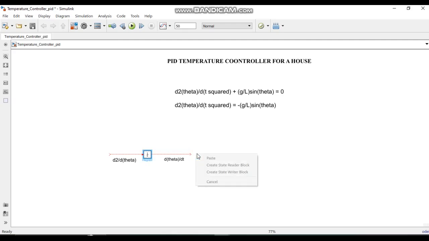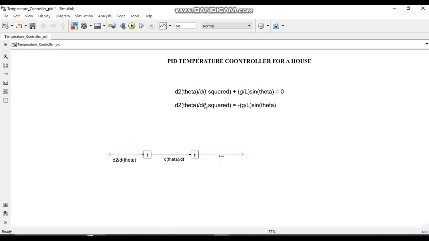This becomes theta, right? We are done with the left hand side.